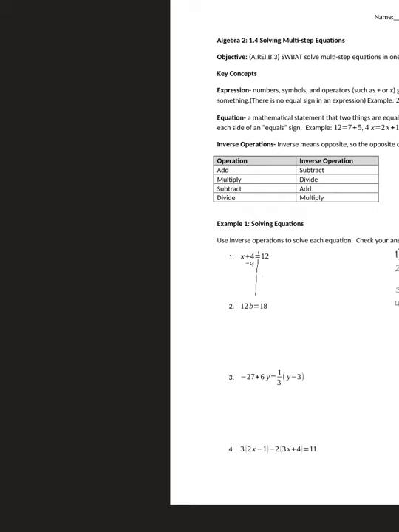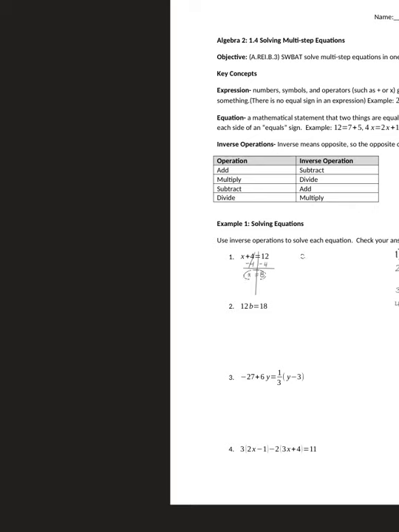And what I do on one side, I have to do on the other. So these will actually cancel out. All I'm left with is the x, which is equal to, now 12 minus 4 is 8. And that's your answer right there, x equals 8.